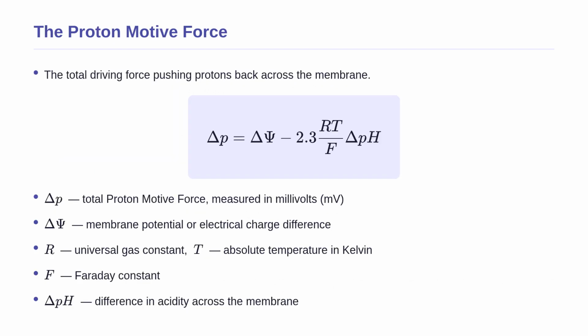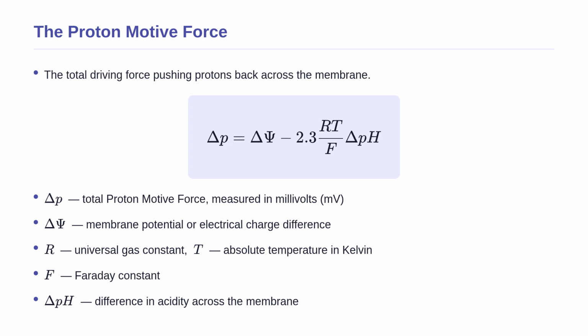Now that we understand what the gradient is, let us look at how we measure its power. Biologists call this the proton motive force. This beautiful equation, derived from thermodynamics, combines both the electrical pull and the chemical pull acting on the protons. Delta P is the total driving force in millivolts.